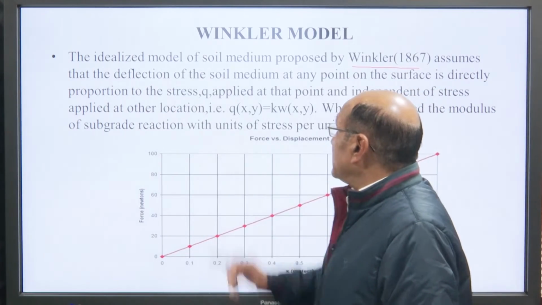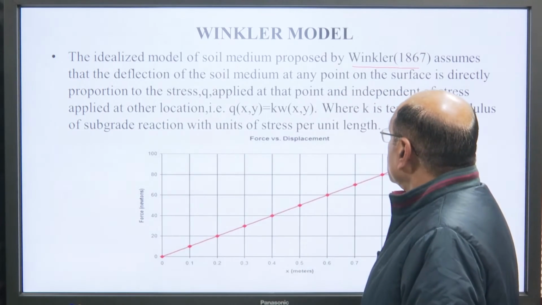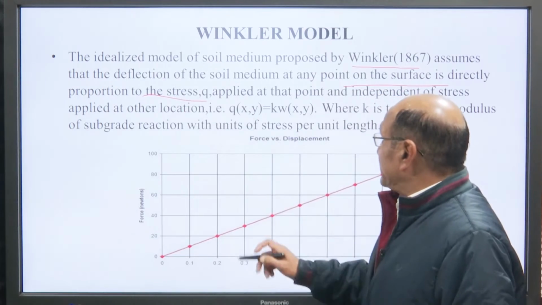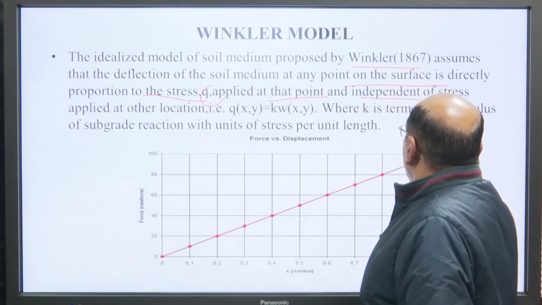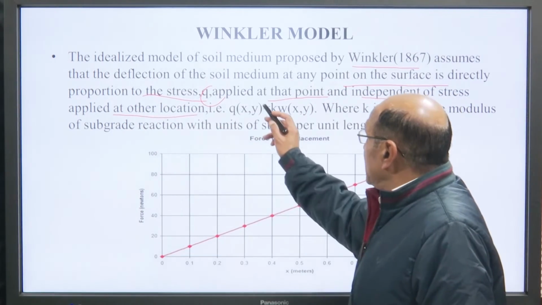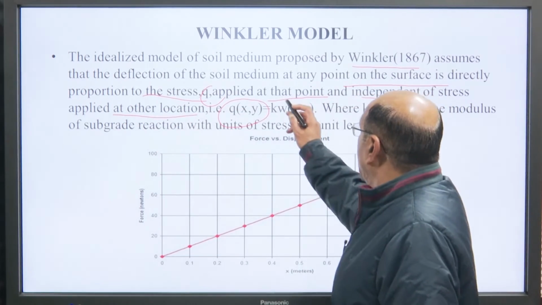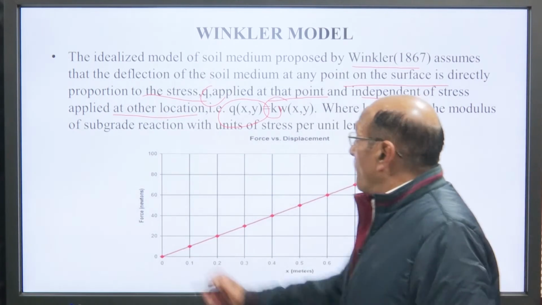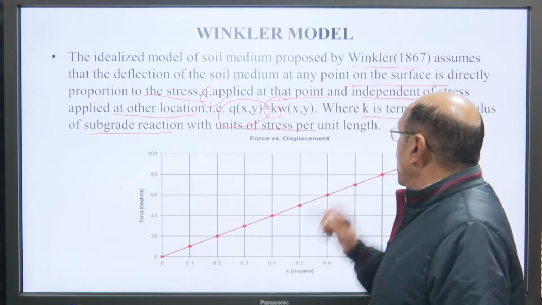Assume that the deflection of the soil media at any point on the surface is directly proportional to the stress q applied at the point and independent of stress applied at other locations, meaning q(x,y) will be equal to k w(x,y), where k is termed as the modulus of subgrade reaction with the unit stress per unit length.